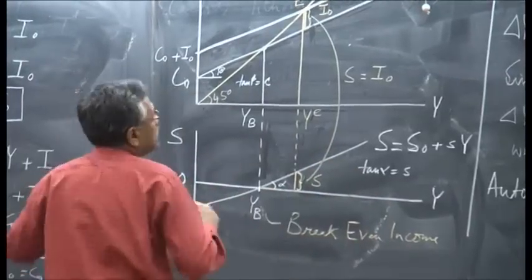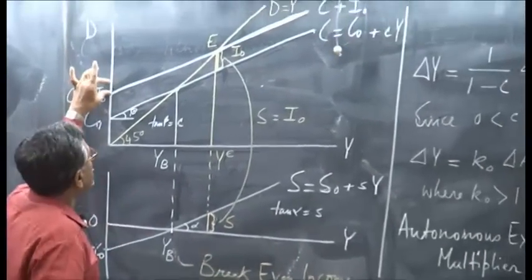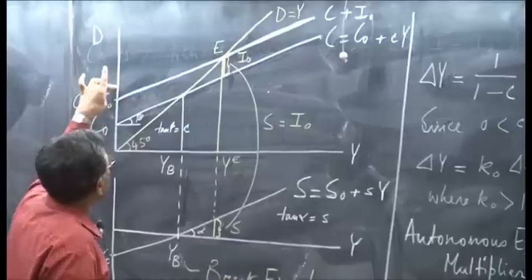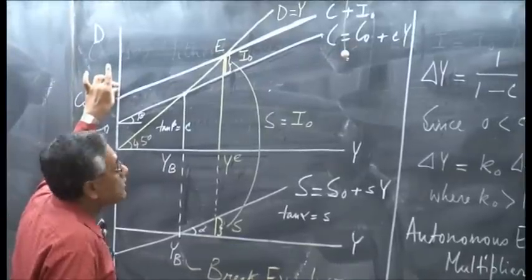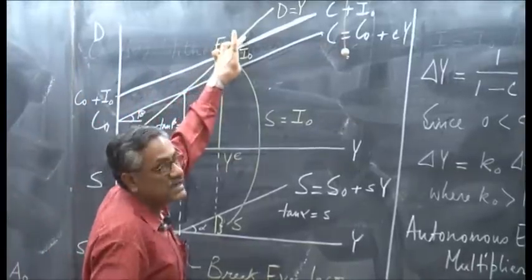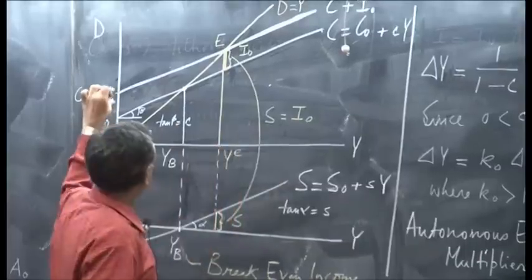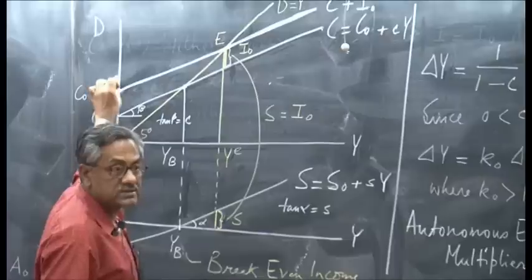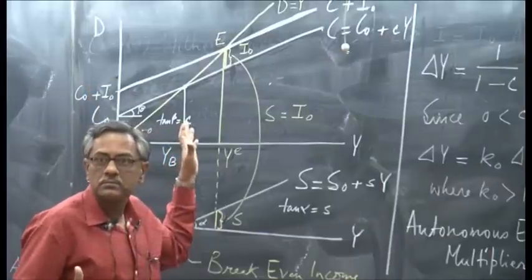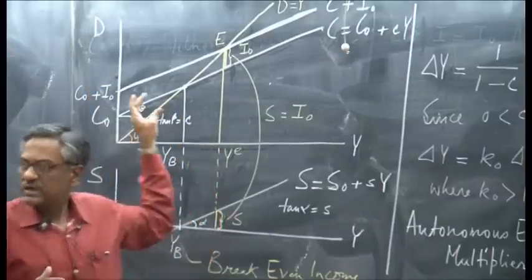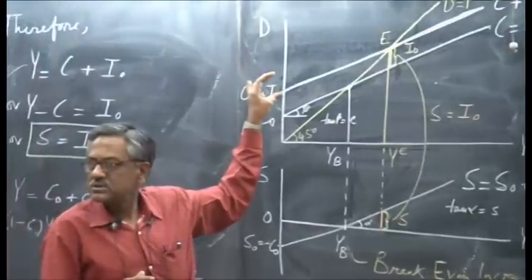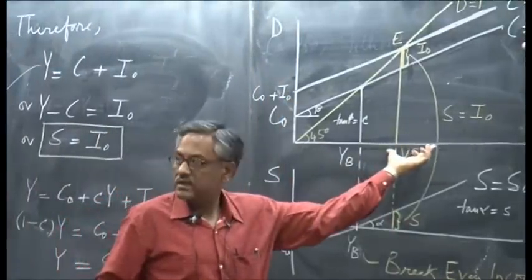Geometrically, you can draw an increase delta I with aggregate demand shifting up to this point, but the intercept on the x-axis will give you an increase in y much larger than the vertical increase on the y-axis. Clear? The vertical increase on the y-axis is measured with the actual increase in income.